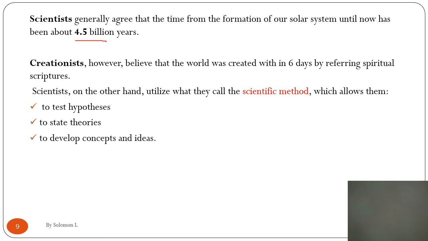On the other hand, creationists believe that the world was created within 6 days by God, referring to spiritual scriptures, whereas scientists utilize what they call the scientific method, which allows them to test their hypotheses and to state theories, and they use this scientific method to develop concepts and ideas.